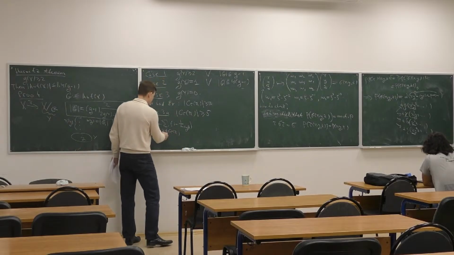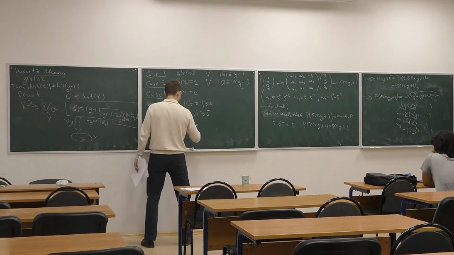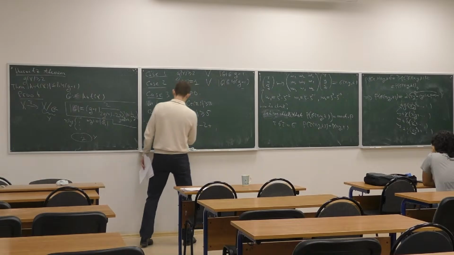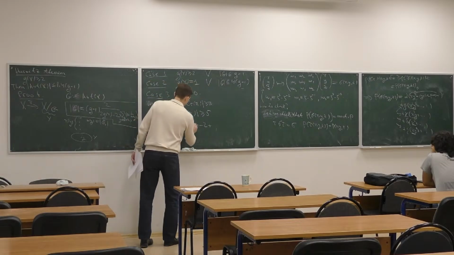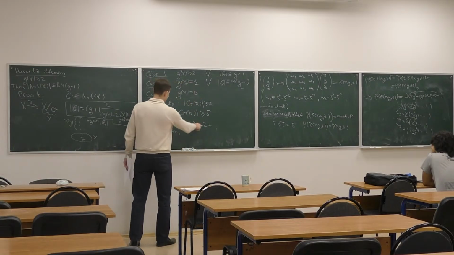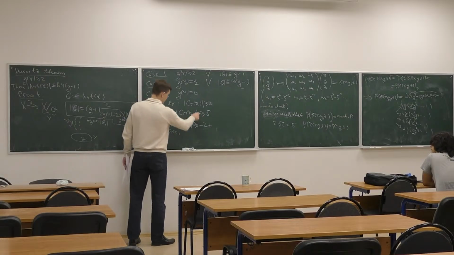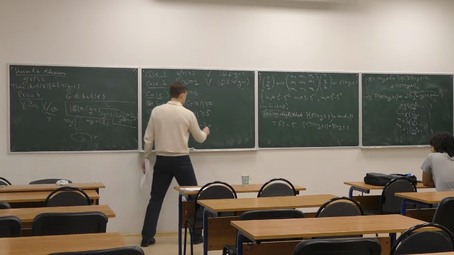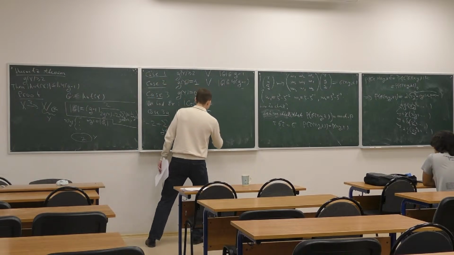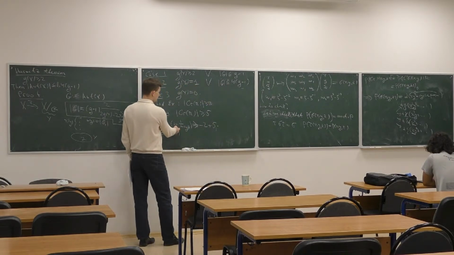So this is greater or equal to minus 2 plus, since we suppose there are at least 5 critical points, 5 times, and how to bound this from below?